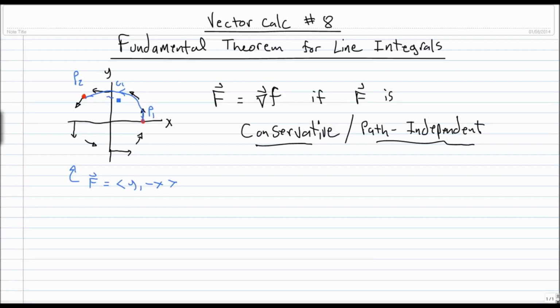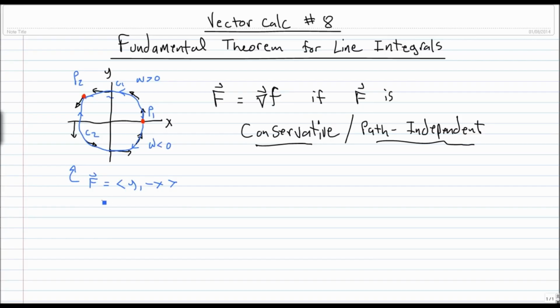if I were to travel from P1 to P2 along curve 1, then in this example the work that the vector field performs on me would be positive. But hopefully you can see that if I were to choose this path, let's call that C2, then I would be going against these force vectors, which means that if I were to travel from P1 to P2 along this curve, the work that the vector field performs on me would be less than 0.